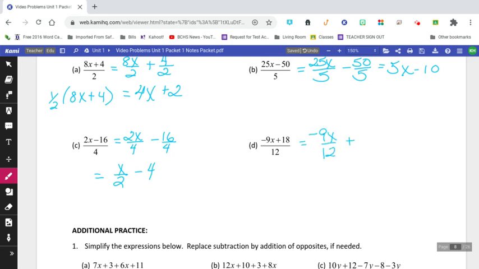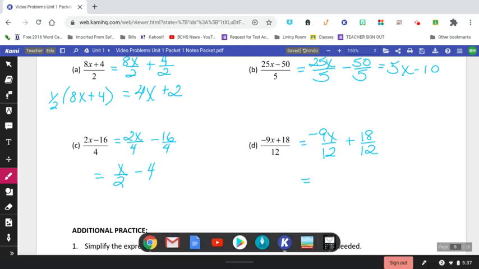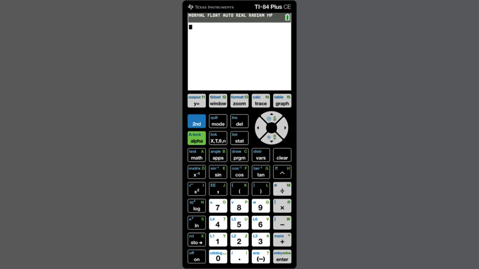So again, here we're going to split them up. Now in this case, neither one is a clean division. You know, we're going to have something left over, or we're going to have a fraction. That's again where your fraction button comes in. So if you feel a little iffy about reducing fractions, use your fraction button.